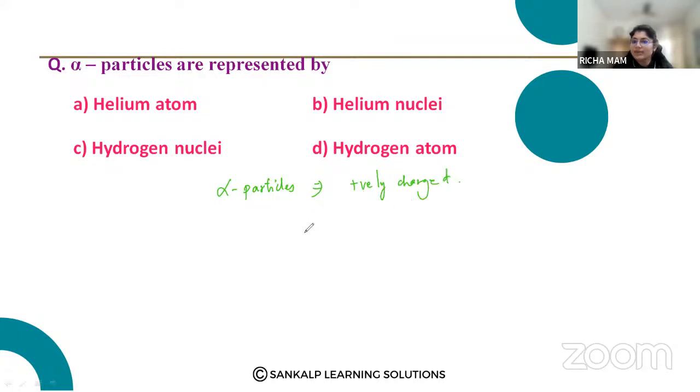What does an alpha particle consist of? It consists of two protons and two neutrons. Now, how are they identical? They are identical to a helium nucleus, to helium.